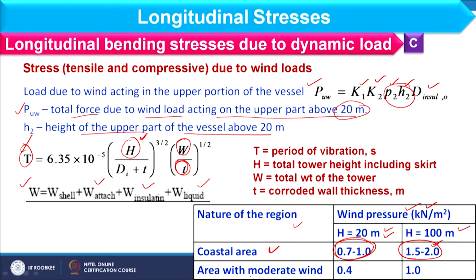And if I am having an area with moderate wind, then up to 20 meter height the value should be 0.4 and beyond that it should be 1. Okay. Now, how do we count this P2? P2 is basically the wind pressure at the upper part. Okay. However, in the upper part also the wind pressure will keep on changing.